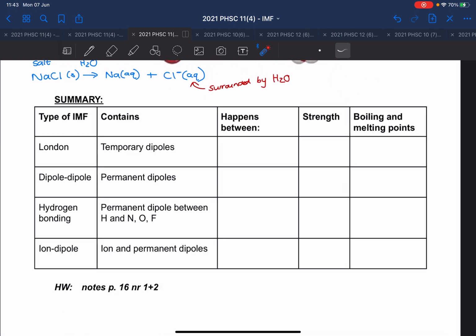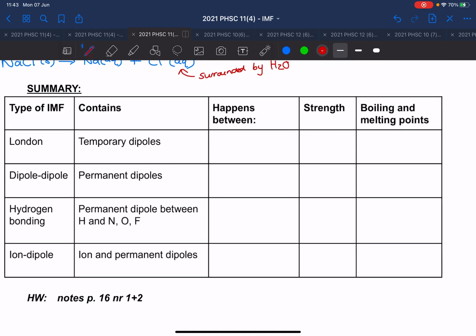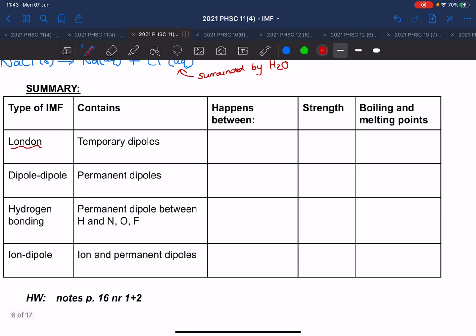So now we're going to summarize the forces. First of all, we have London forces. They have temporary dipoles, and I want you to write here, they happen between non-polar molecules and non-polar molecules. The strength is very weak. We said they can easily be broken, and that is why their melting and boiling points are very low.